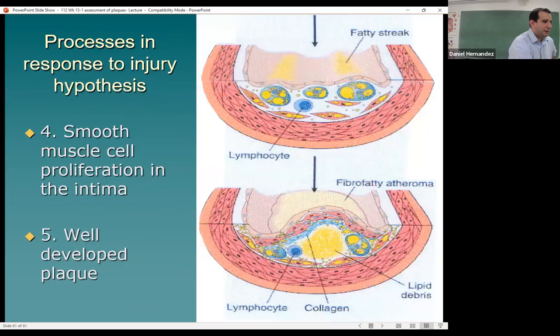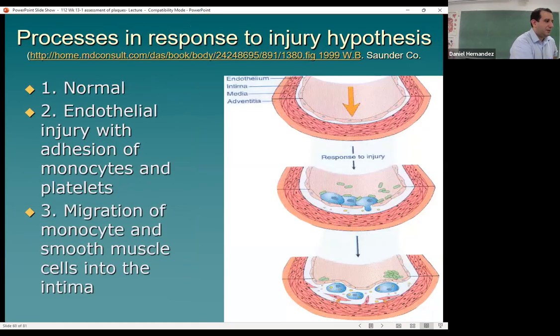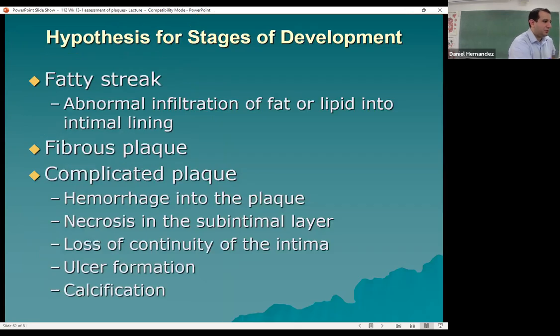So it starts with that lipid core, the fatty streak, which turns more fibrous. Then the plaque becomes complicated, where we see areas of hemorrhage into the plaque and areas of necrosis, which can eventually lead to ulcer formation and breaking down of the plaque.